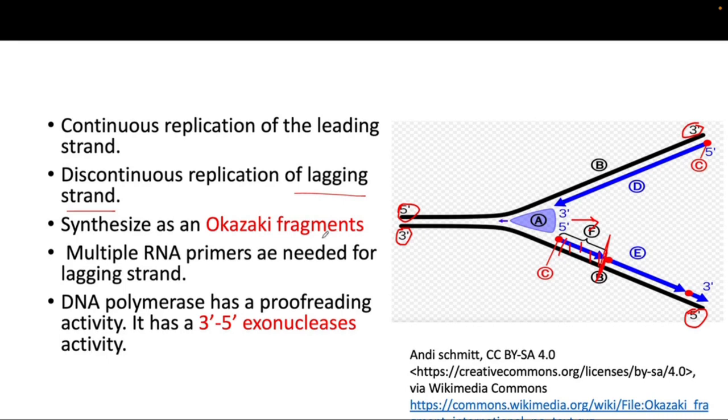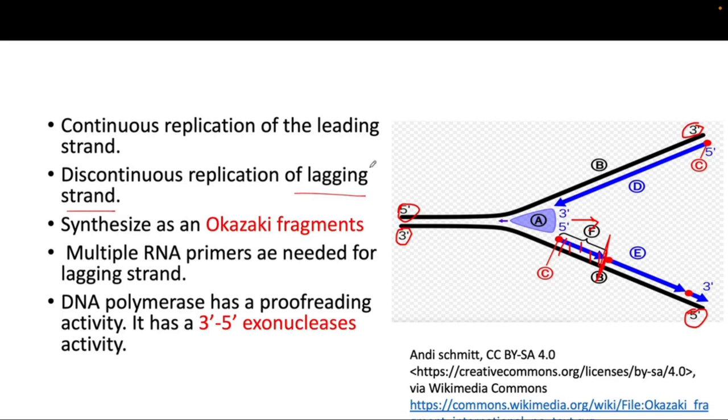As you can see here, the helicase and the DNA polymerase are moving in the opposite direction. On the left side, the helicase is opening up the DNA. On the right side, the polymerase is adding bases. At one point, the helicase has already opened up the DNA, so another primer has to be added so the process can continue.